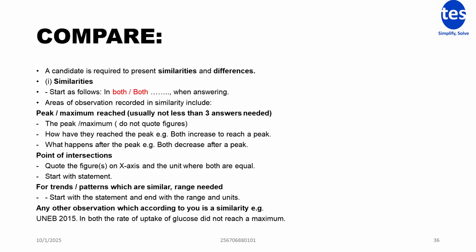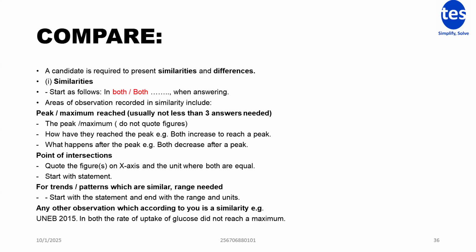Yeah. So for similarities, we always start with both or in both. And always, first put that at the start. Maybe say in both, then you just bullet coming down. Or you can write in all on all statements, okay? So the key word there is in both or both.